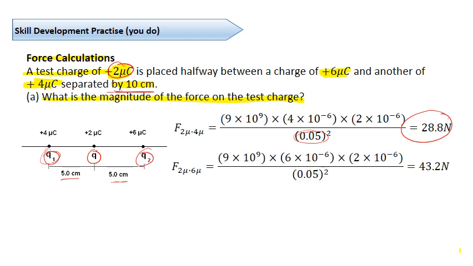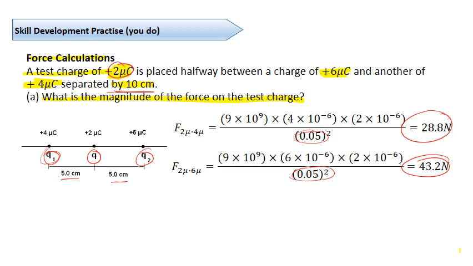I'm going to do the exact same process now for the force between the test charge and the charge with 6 microcoulombs, and I get 9 times 10 to the 9, 6 times 10 to the negative 6, 2 times 10 to the negative 6, divided by my radius, same thing again, 0.05. And I also get 43.2 newtons.